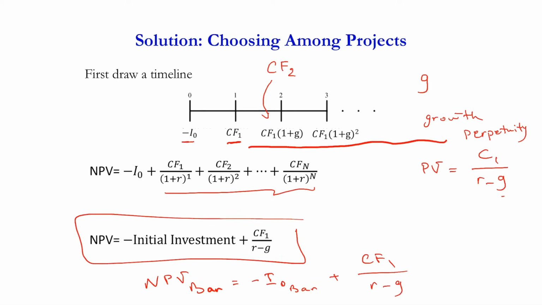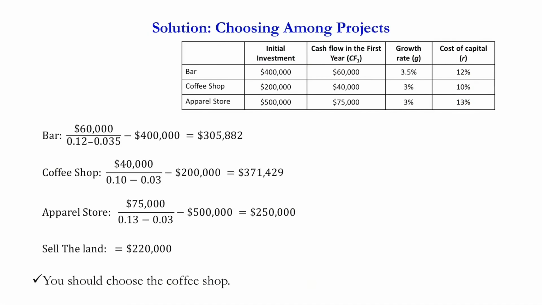In the next slide, I have calculated those numbers, and you can see it here. For example, for the bar, the cash flow at the end of the first year is 60,000, as you can see here, and then I divide that by its cost of capital minus its growth rate. And this $400,000 is the initial investment.